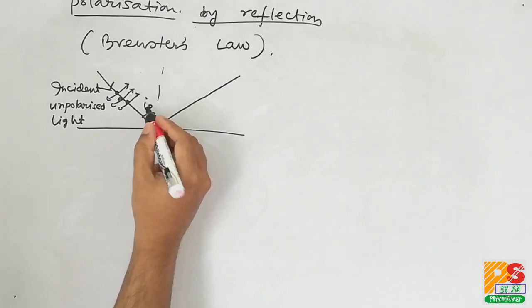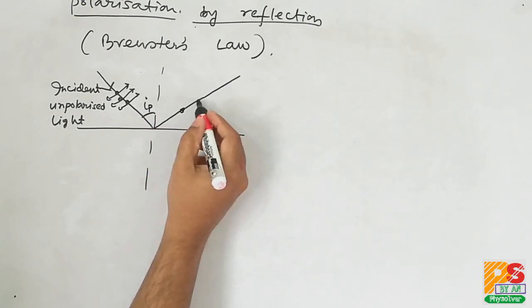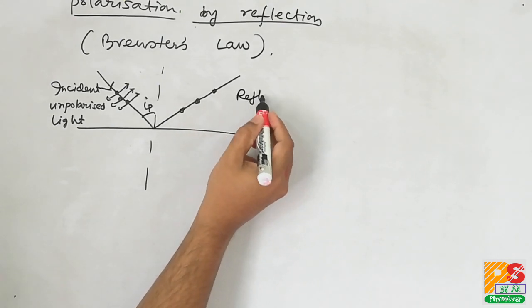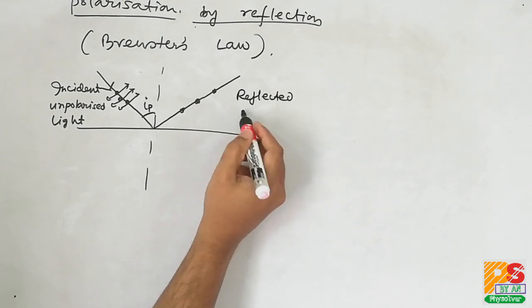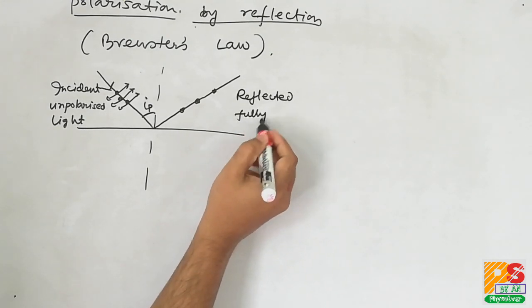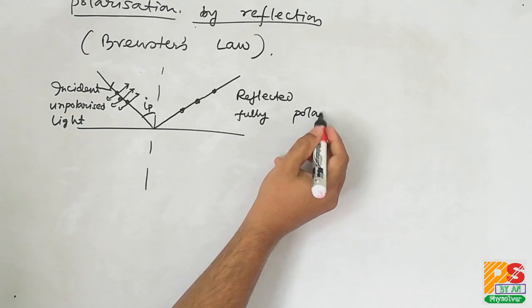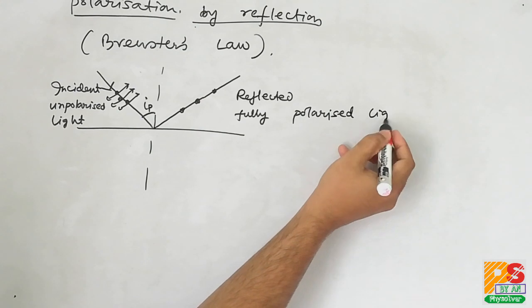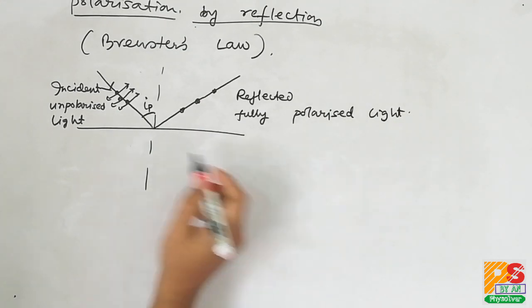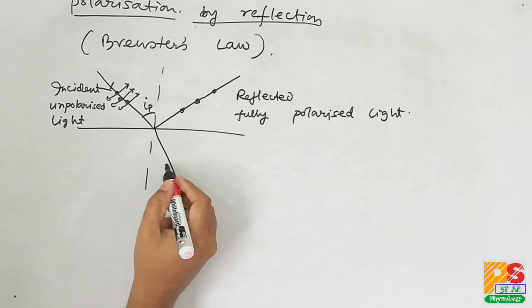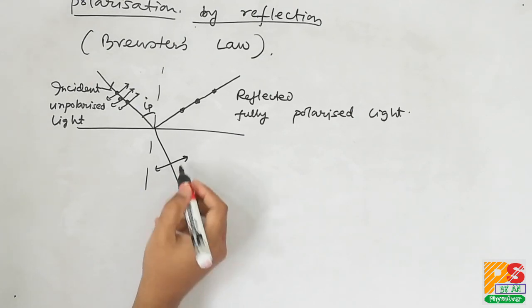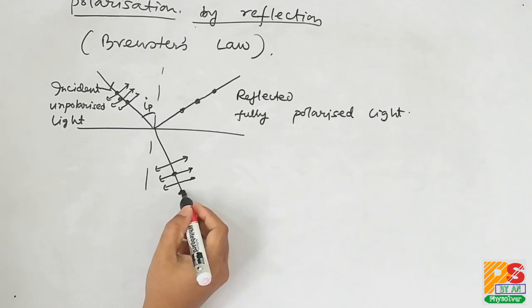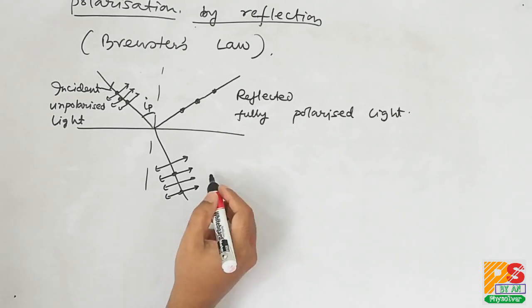And according to Brewster, if this incident light is incident at a particular angle of incidence known as IP or angle of polarization or Brewster's angle, then the reflected light becomes completely plane polarized, and see the electric vectors are dot, that means perpendicular to the plane, and the refracted light is partly polarized.